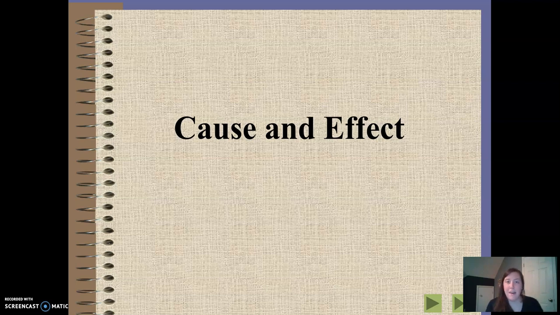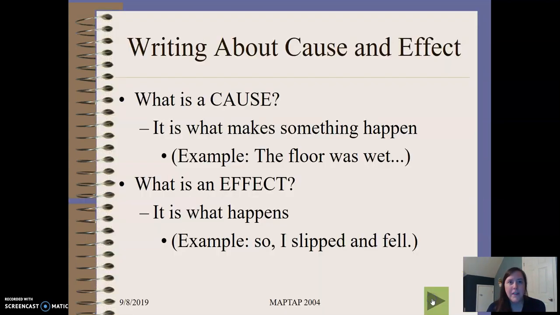So I could come up with an infinite number of additional effects for these causes. Effects can become causes if something happens because of them. I think that makes sense, but it's sort of a fun thing to wrap your head around.